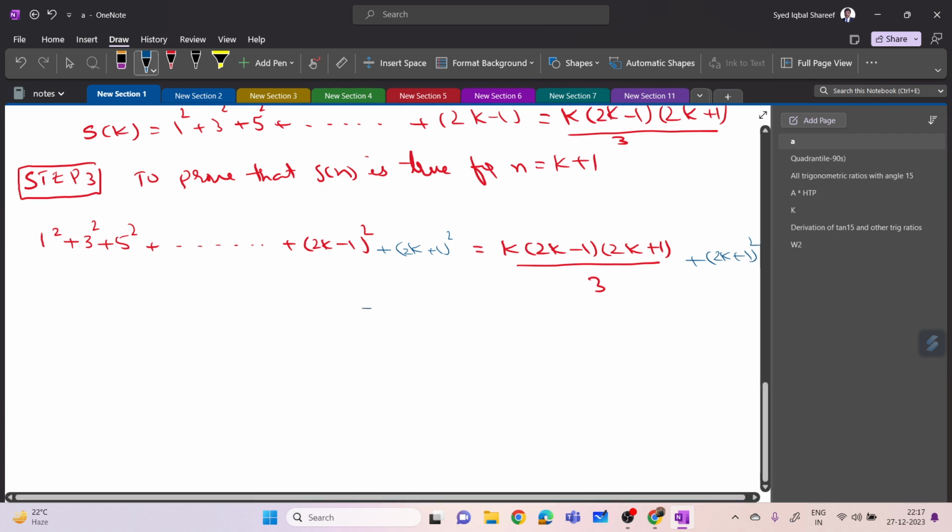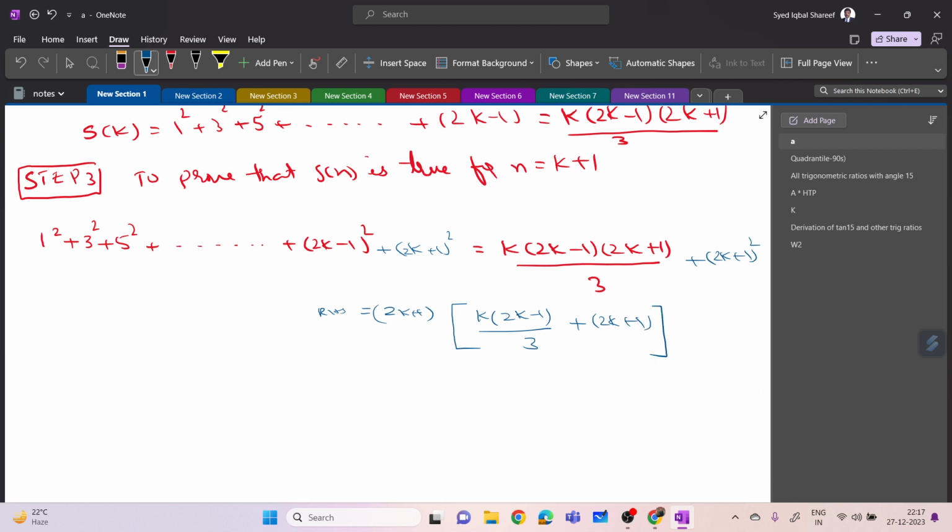So now the right hand side, this part, plus 2k plus 1 whole square. This is 2k plus 1. I am taking it common. So this is 2k minus 1 into k by 3, and this is 2k plus 1, because 2k plus 1 is common you have taken.